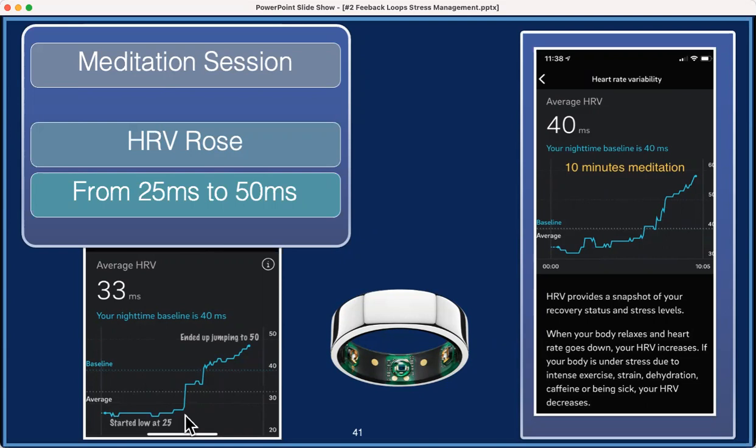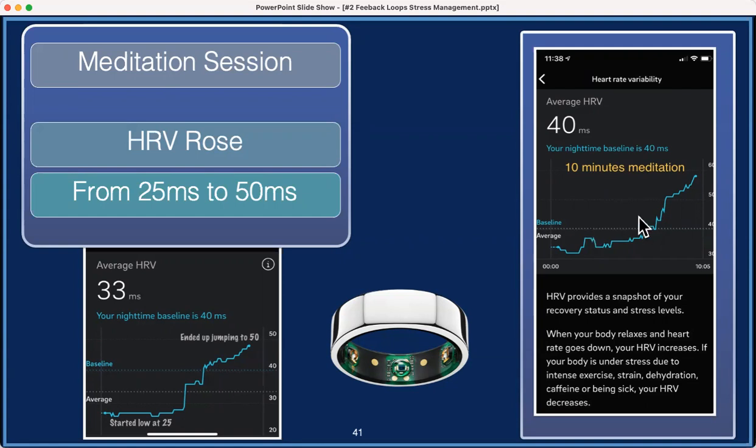Doing a session of meditation, taking deep breaths, it jumped up to 50, 25 to 50, giving an average of 33. So essentially, reducing my stress, reducing the cortisol, and in theory, reducing the inflammatory response of your body to the excess cortisol.